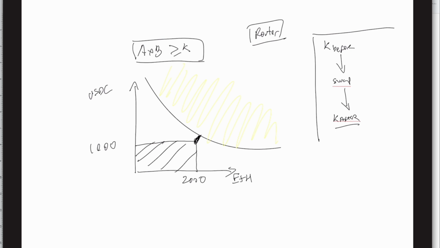So you can think of it as X before times Y before has to be less than or equal to X after times Y after. Now, if you want to find, for example, the correct amount in of tokens, you cannot directly just send the proportion of a token compared to the other inside the pool, because you also have to consider the fees on the token.